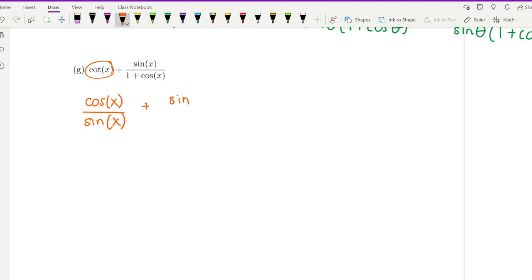And then we have plus sine of x, and maybe I'll leave a little space here for making our common denominator. We have plus sine of x over 1 plus cosine of x. Okay, so what's our common denominator going to be this time? Well, it's going to be sine of x times 1 plus cosine of x.